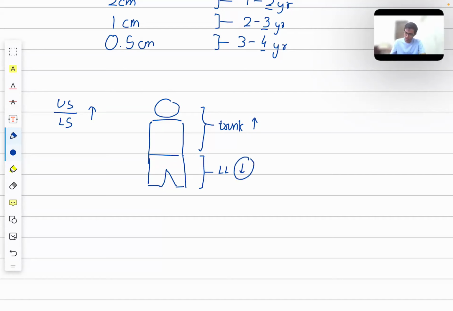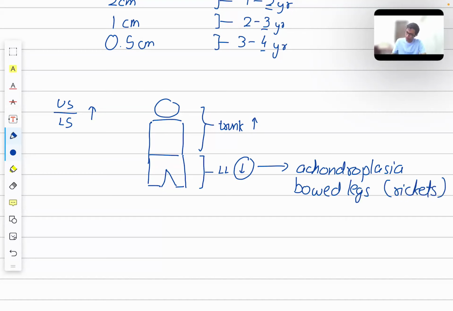So in what cases will lower limbs be shorter than normal? Cases such as achondroplasia, or bowed legs seen in a condition called rickets, or conditions having limb deformities, we can have a US-LS ratio greater than normal.